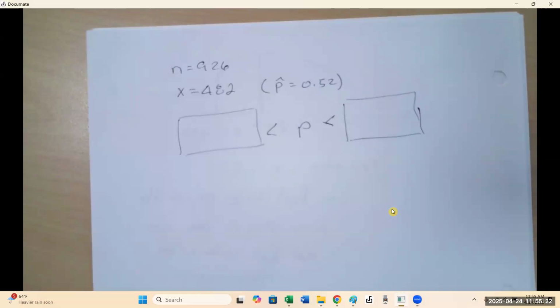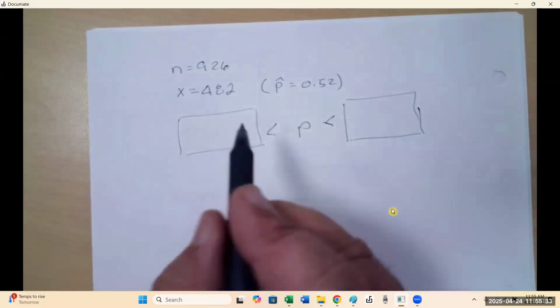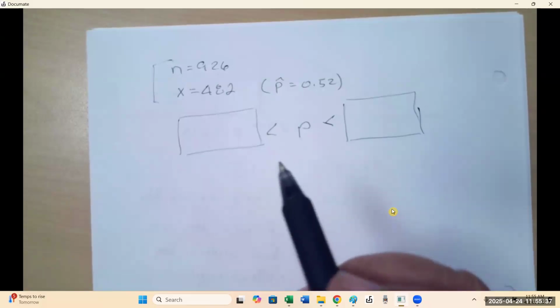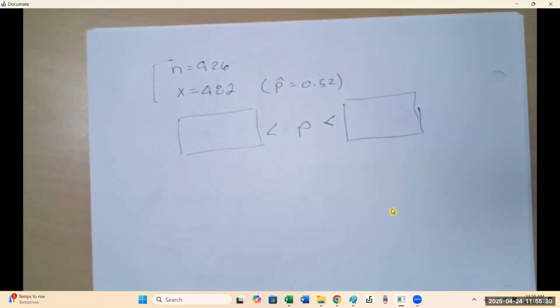Look at 7.1. But what's the calculation? Given this information, how do you get it? I don't want the numbers. I want to know how the procedure is important, because in your homework, it's not going to be these numbers.